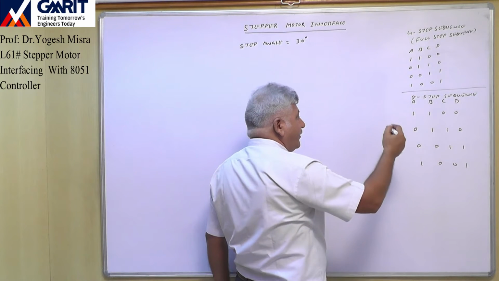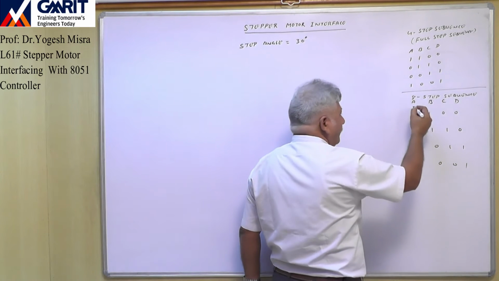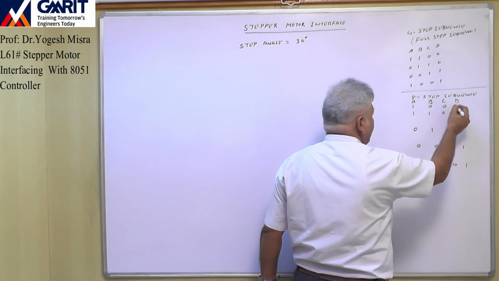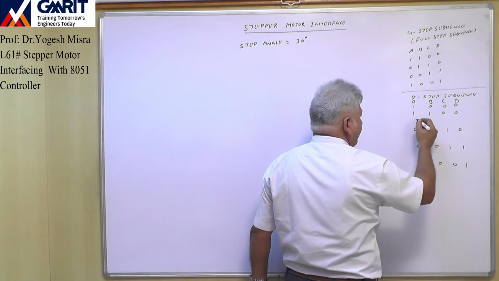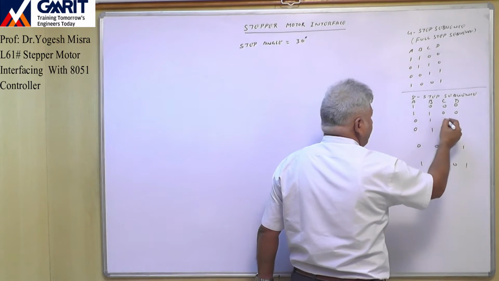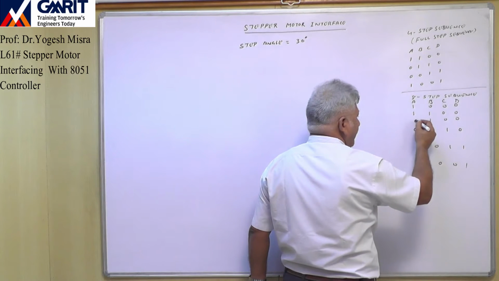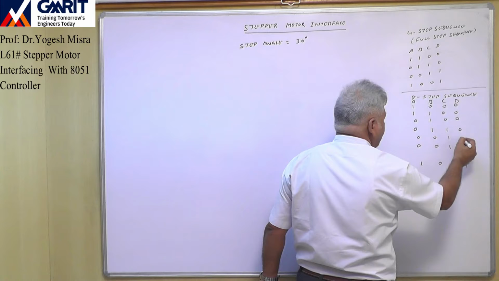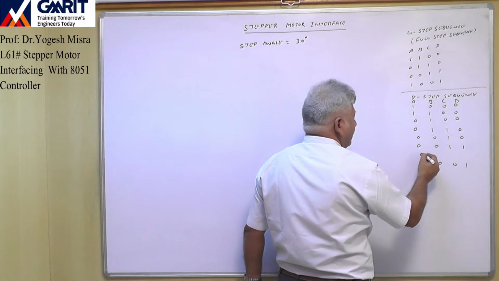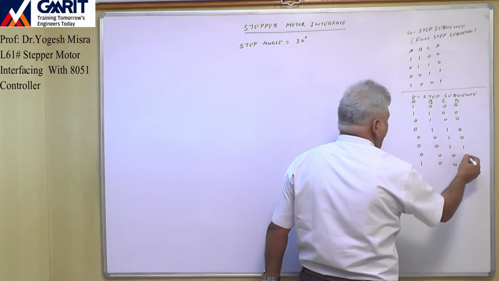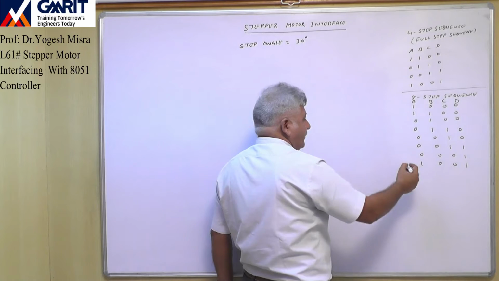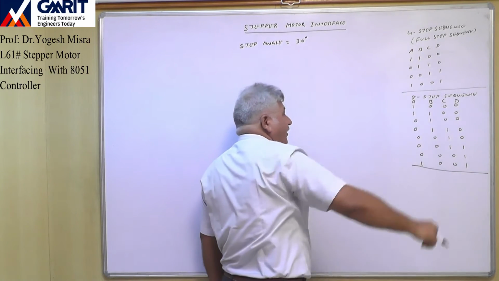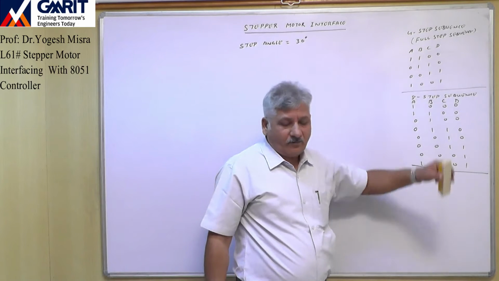And to convert it into 8 steps, I start here with 1, 0, 0, 0, then rotate it, 0, 1, 0, 0, rotate this to the right side, 0, 0, 1, 0, then 0, 0, 0, 1. So these are the 8 steps. These 8 steps we will use in our application, and if we are using 4 steps, then we will use these 4 steps.